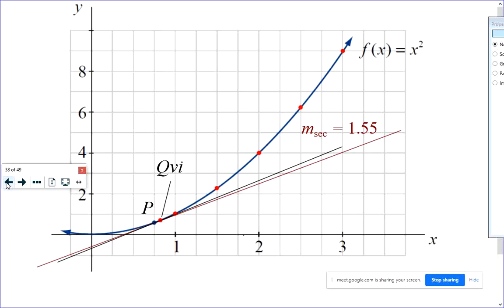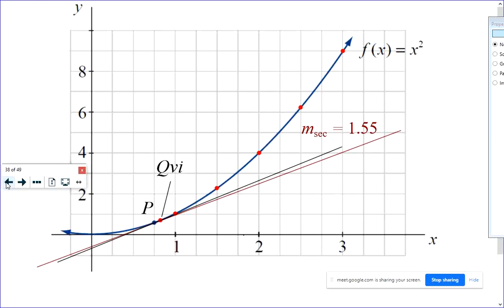So what if we went really close, which I can't draw? What if I drew a secant line from point P to Q, where the x-coordinate of Q is 0.76? The x-coordinate of P is 0.75, right? So imagine me drawing a dot at 0.76 and drawing a secant line in there. It would probably be pretty close to the slope of the tangent.